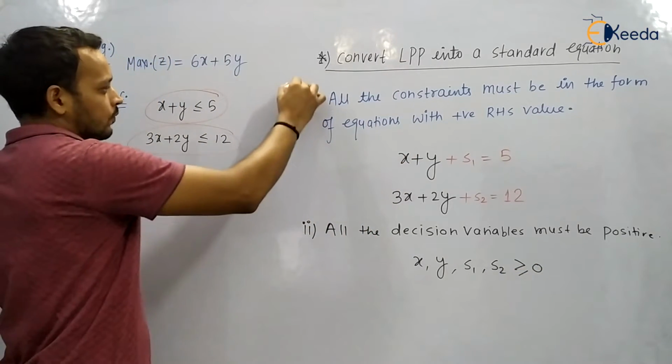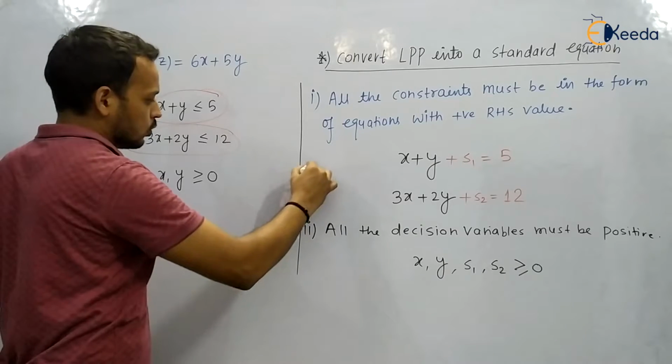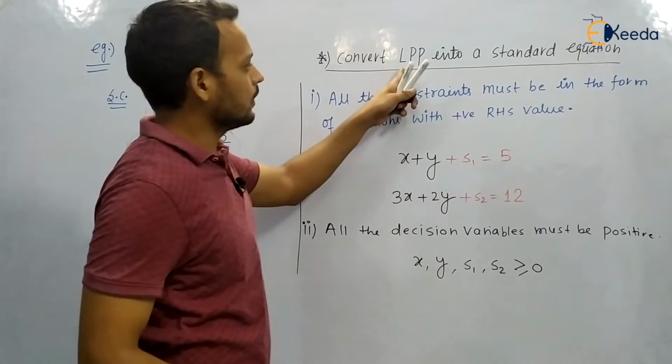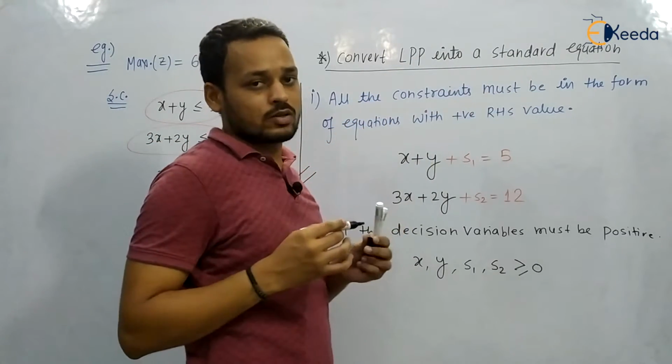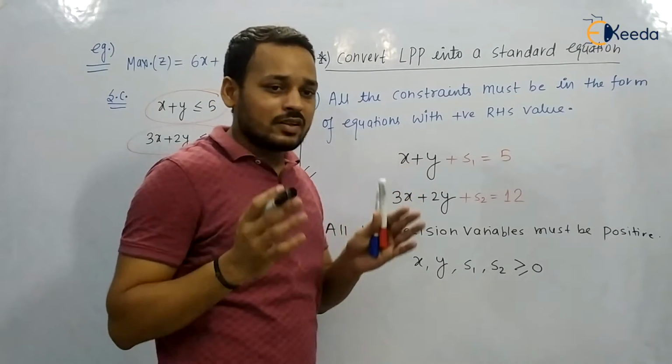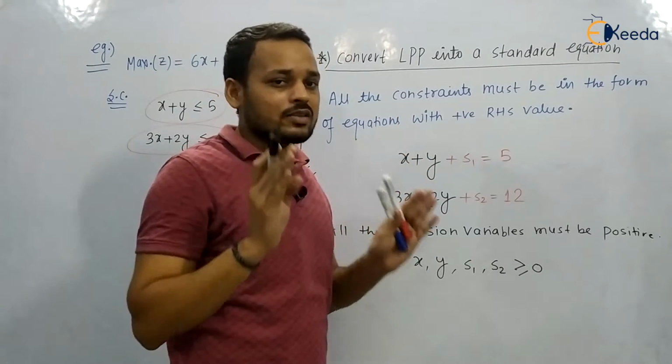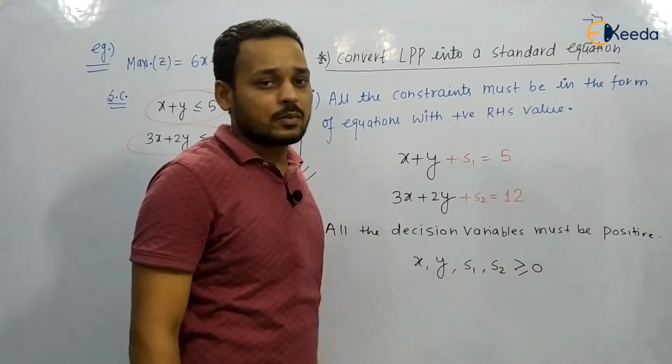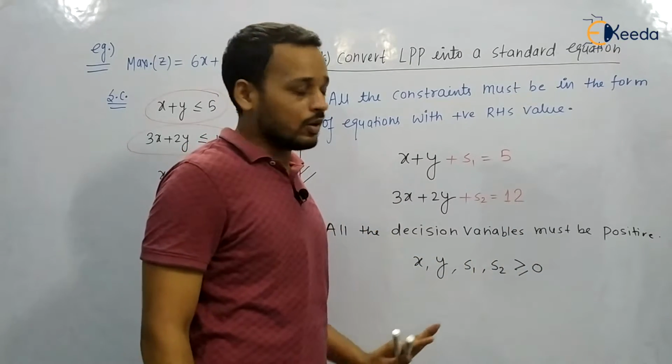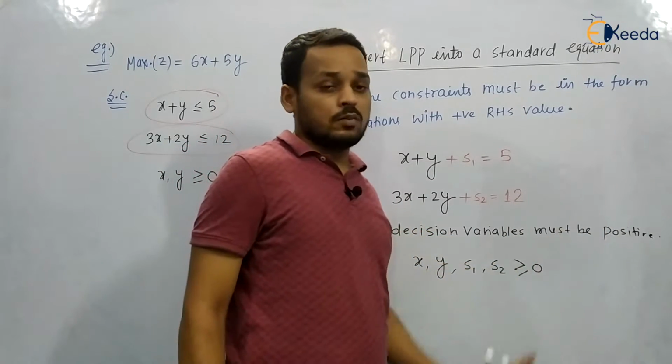So these two things have to be done to convert the linear programming problem into a standard equation: convert the constraints into equations with positive RHS value, and all the decision variables must be of positive type.